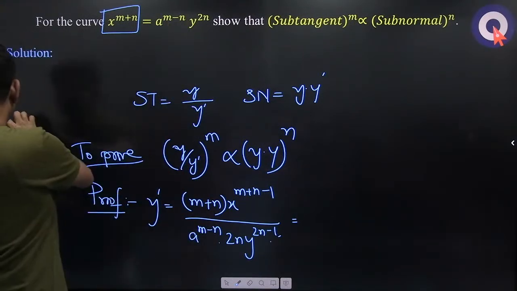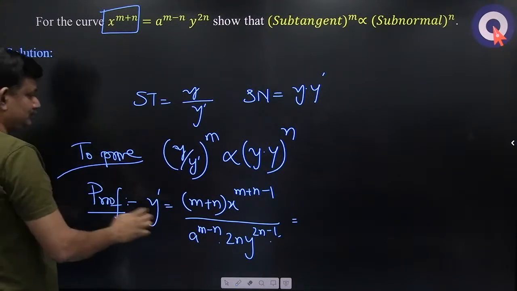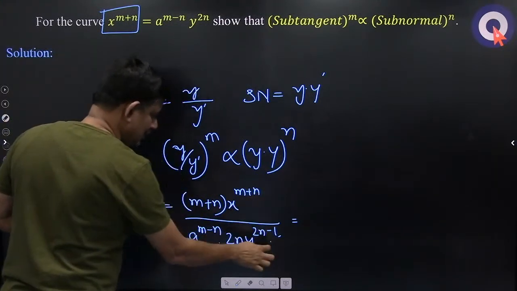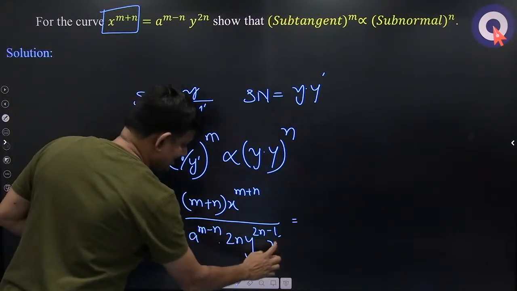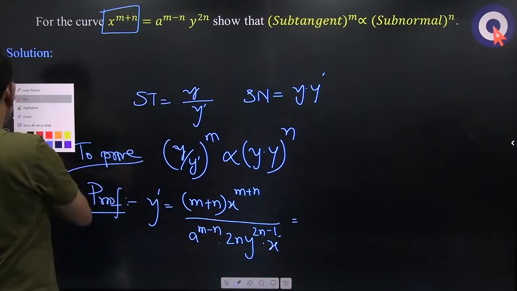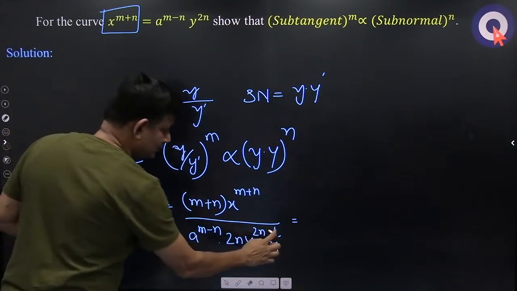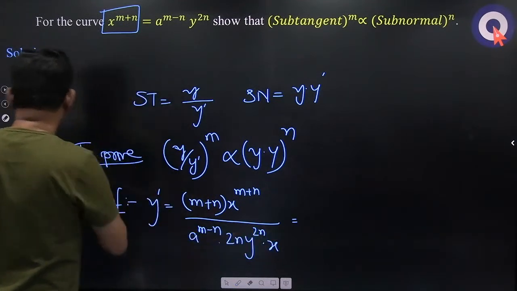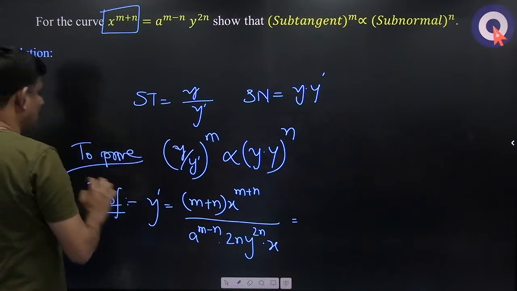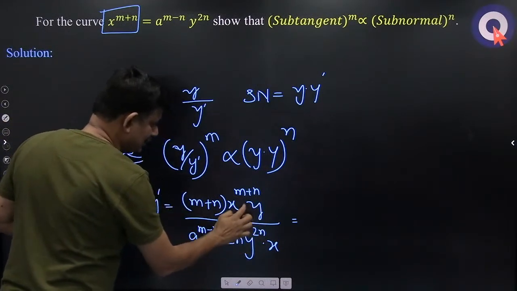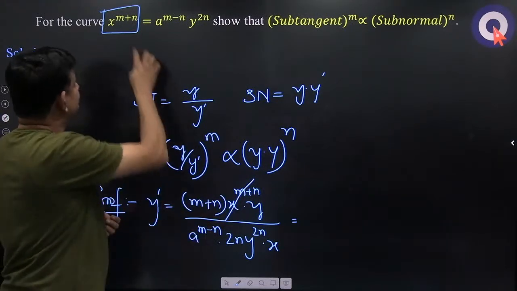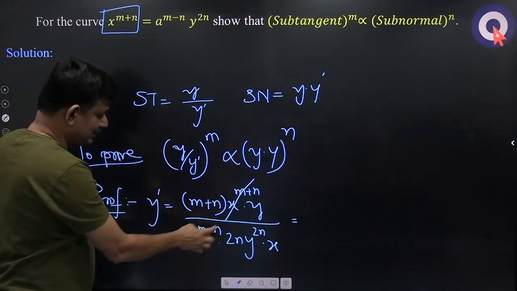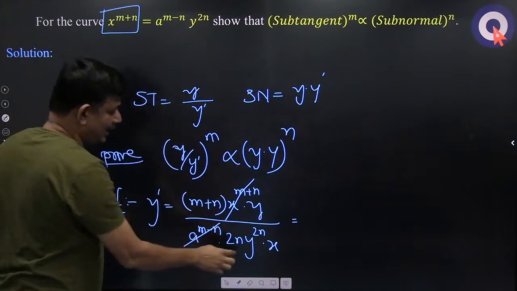So I will remove this minus 1 here and write x term in the denominator. Similarly, I will remove minus 1 here and write that y here. Now x power m plus n gets cancelled with a power m minus n and y power 2n.